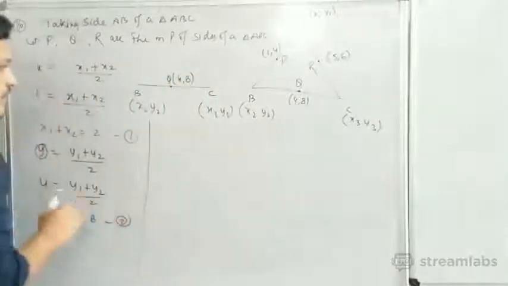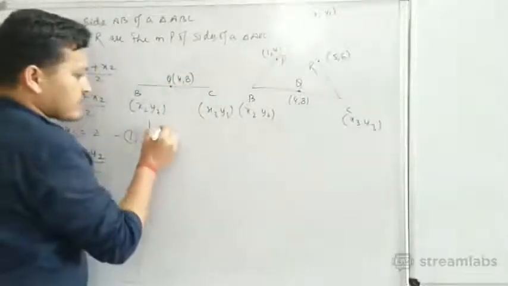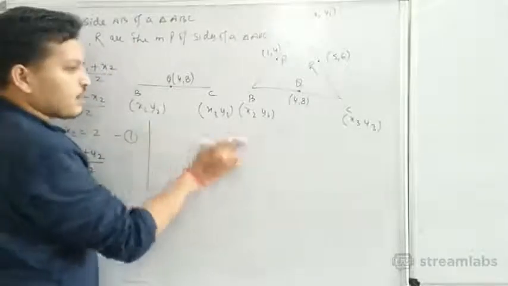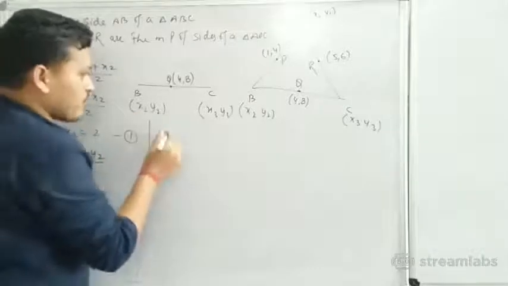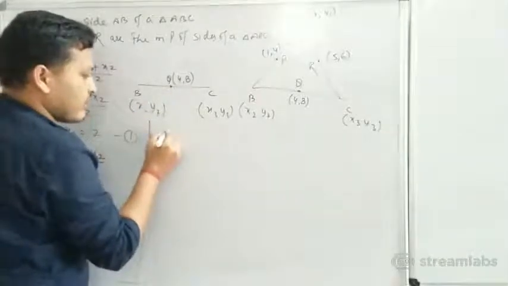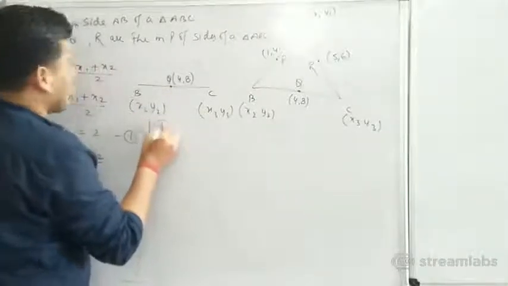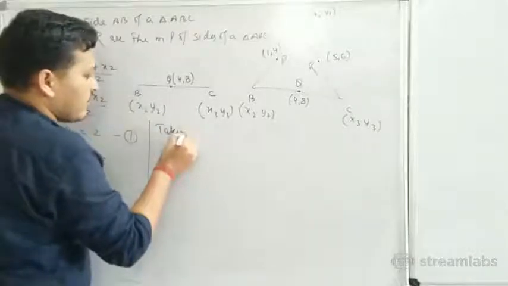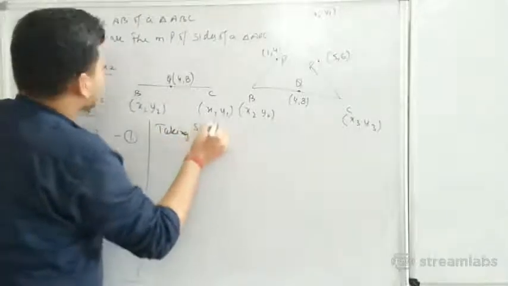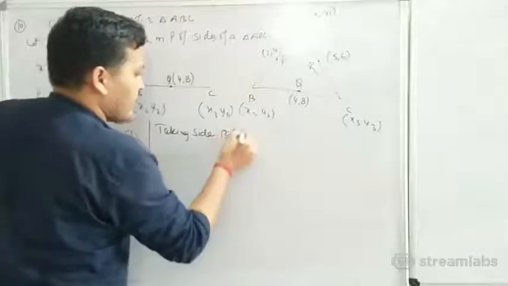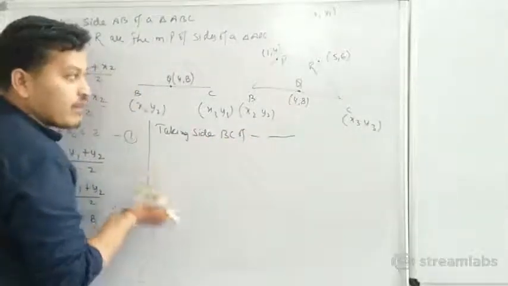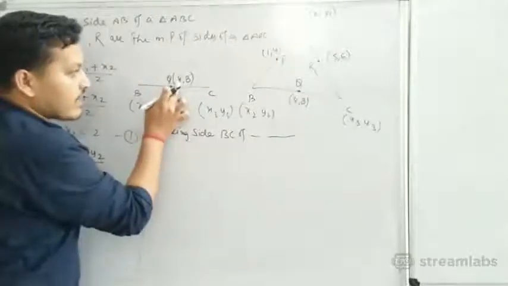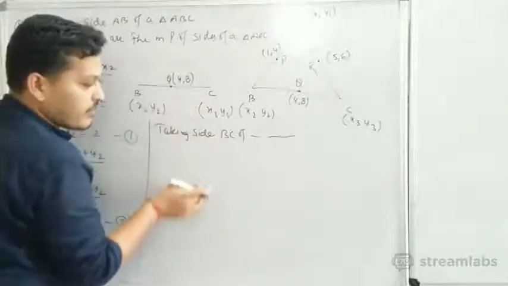Taking side BC of triangle ABC and using the midpoint formula, x is equal to x2 plus x3 divided by 2.